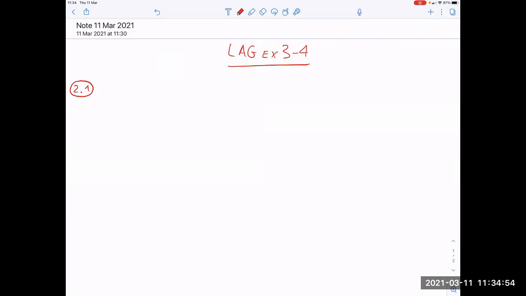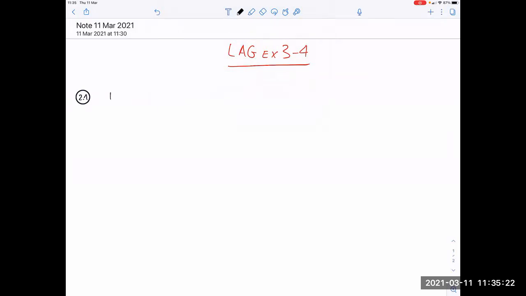I'd like to do what is called T.1, which asks me to find a line on the plane. Let's say we write it in black so we can distinguish what we are going to do. Okay, so this is 2.1.